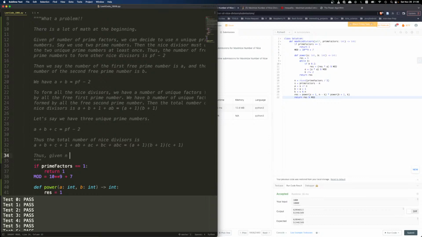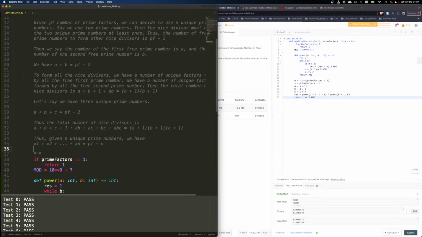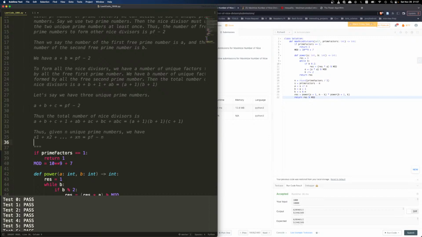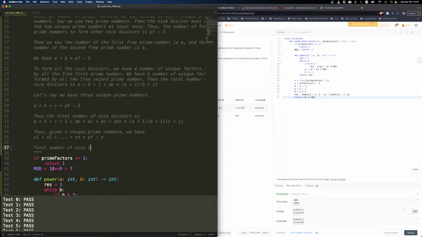Thus, given n unique prime numbers, we have x1 plus x2 plus ... plus xn equals pf minus n, and then the total number of nice divisors is x1 plus 1, x2 plus 1, ..., xn plus 1.